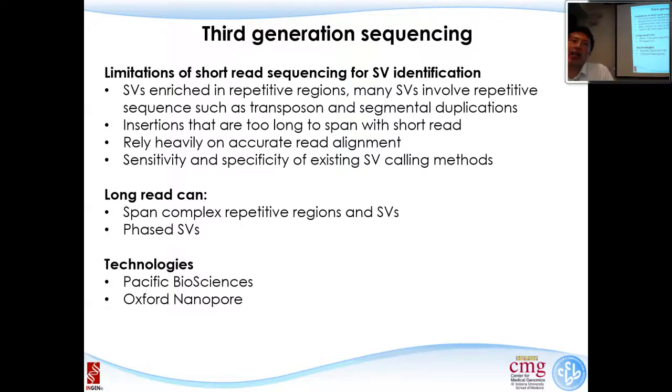So there is a trend to use a combined approach. You sequence the same DNA with PacBio technology with shallow sequencing, and then use the second generation Illumina technology to further correct the reads. That actually works well for some approaches to identify structural variations.